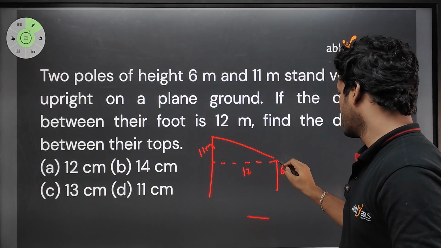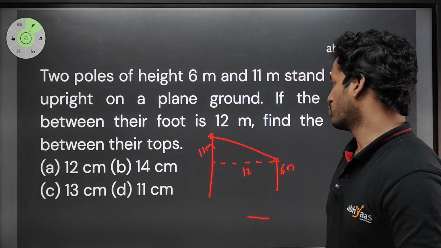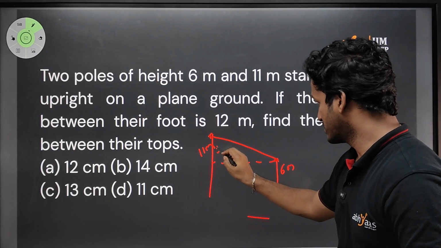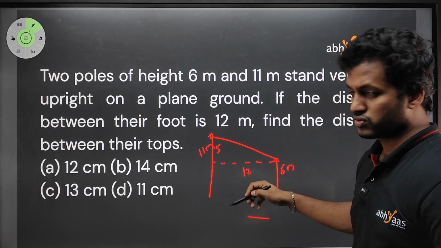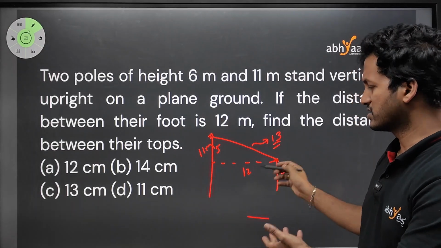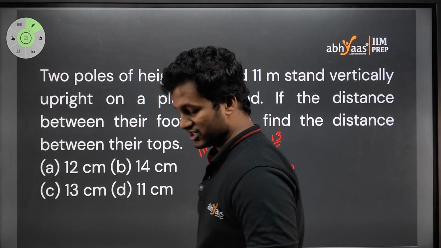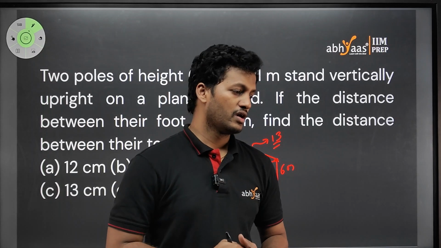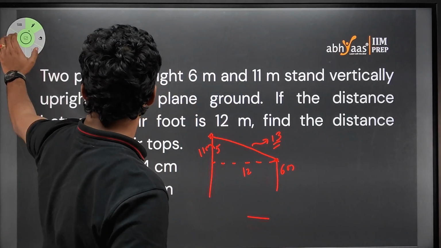The vertical difference between the tops is 5 meters and the base is 12. Applying the Pythagoras theorem, we get this as 13, or you can simply say that it is an application of right angle triplets. But observe this carefully.